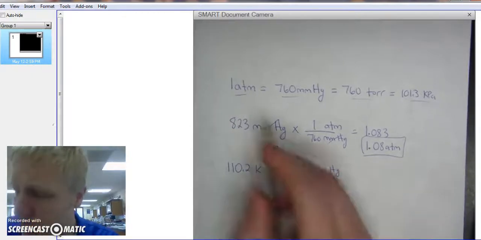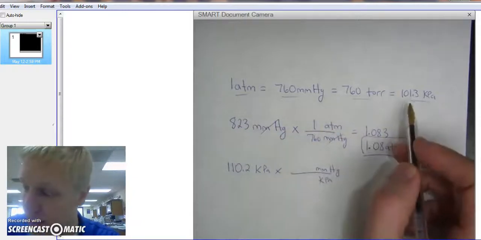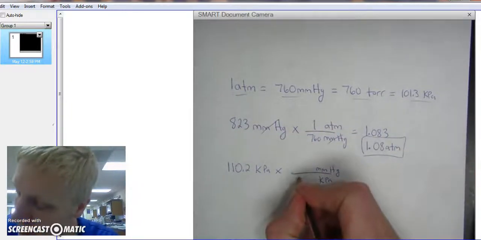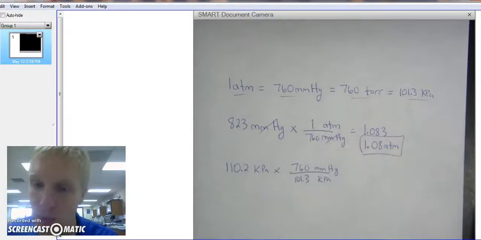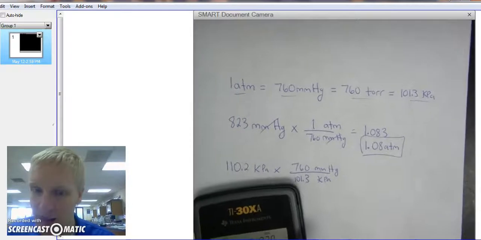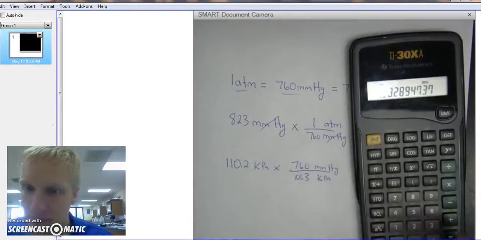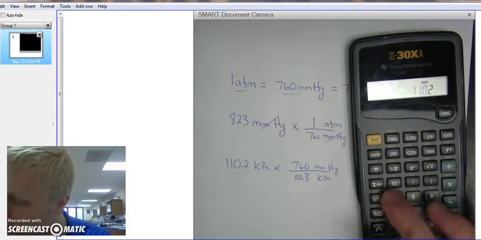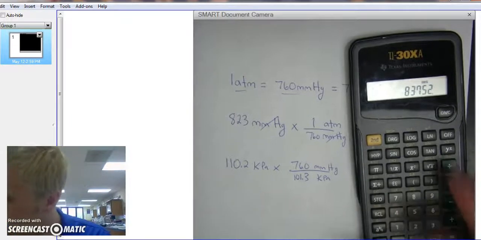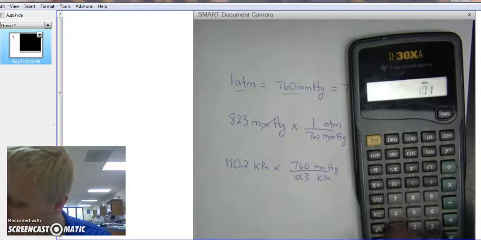And where do we get our numbers? We get them from our standard pressures. 101.3 goes with kPa, and 760 goes with mmHg. We take our calculator out again. Going to do 110.2, times it by 760, and divided by 101.3.